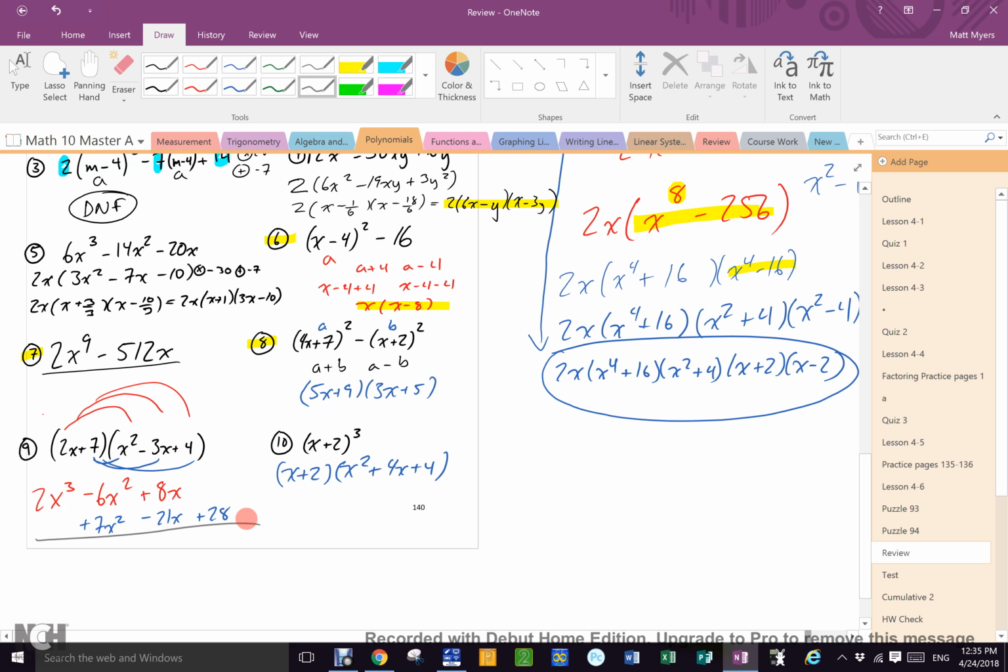Then I just add it up. 2x cubed plus nothing, 2x cubed. Negative 6 plus 7 is positive 1x squared. 8 minus 21 is negative 13x. And 0 plus 28 is positive 28.